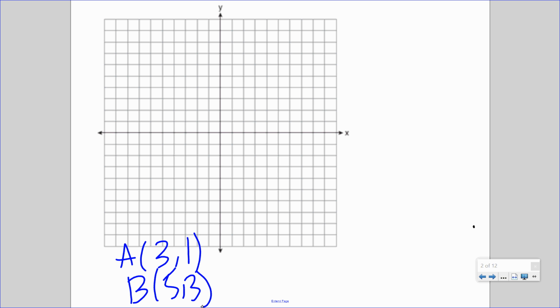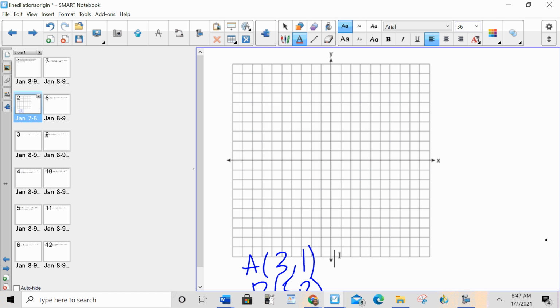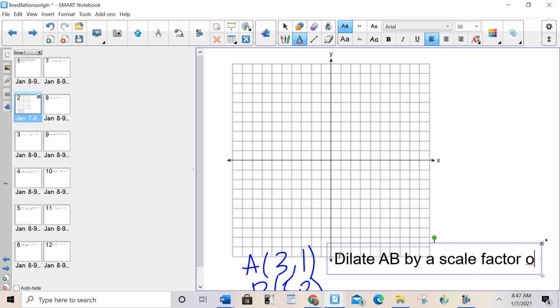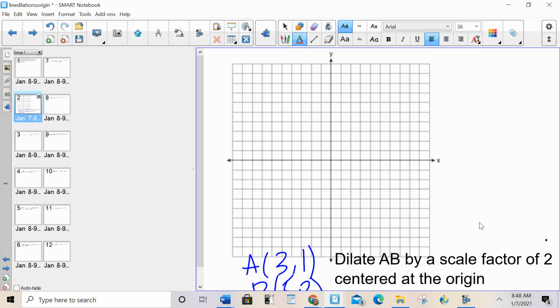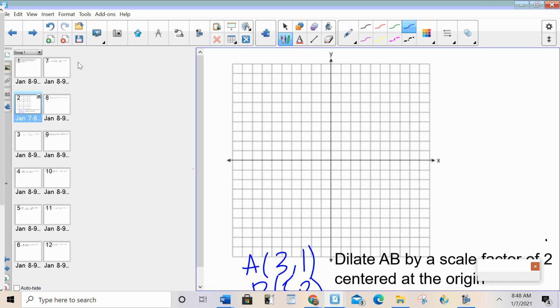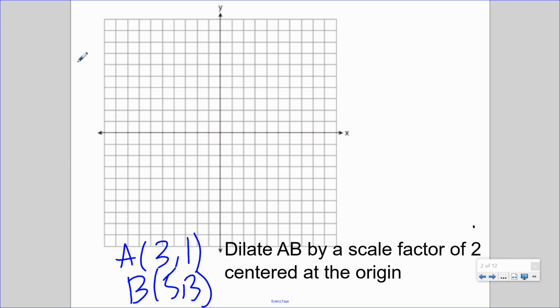And I want to, let's just type this out: dilate AB by a scale factor of 2, centered at the origin. Again, this particular problem isn't on your sheet or anything. This is just something that I'm using to develop this for you.